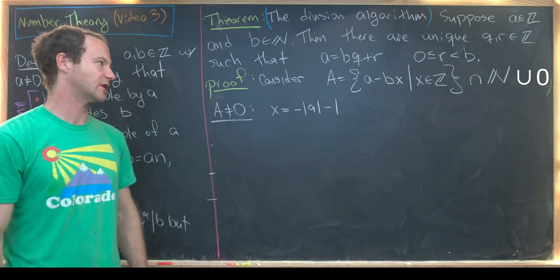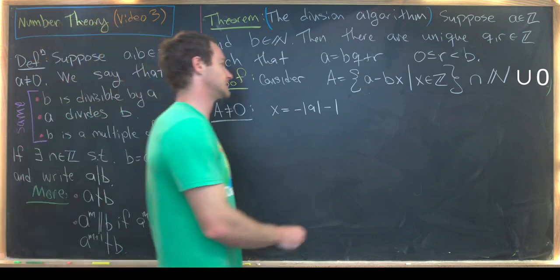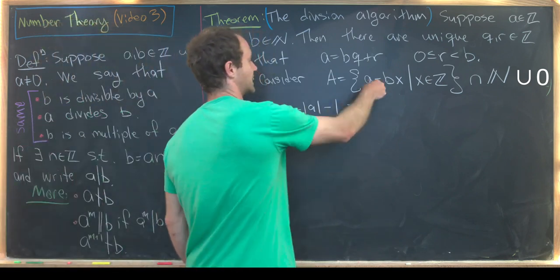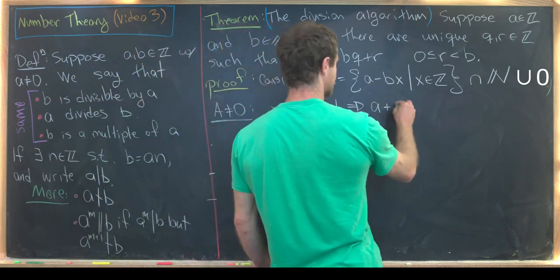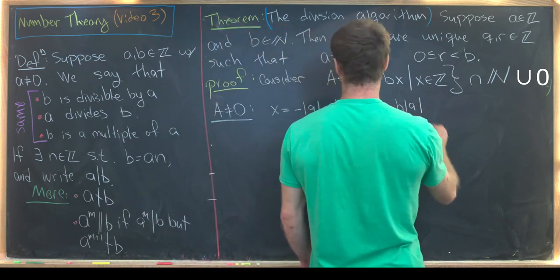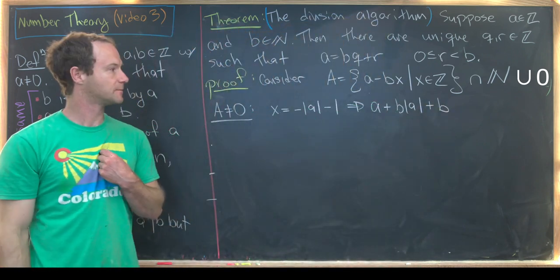So this might seem a little bit overkill, but this actually produces a nice way to show that this is non-empty. So if you plug it into a minus bx, that's going to give you a plus b times the absolute value of a plus b after distributing everything.